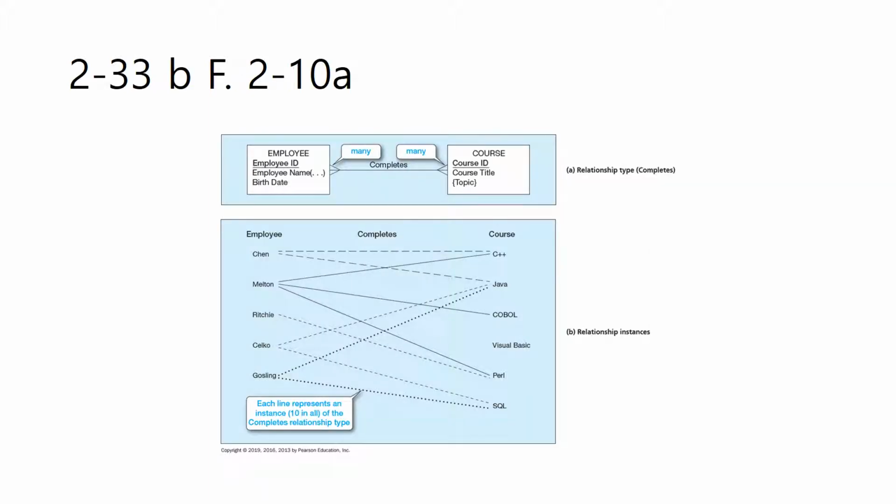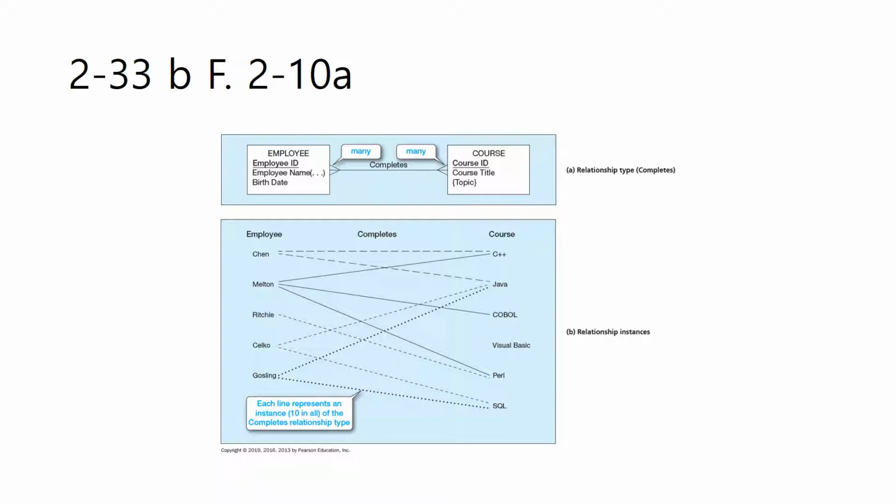And then figure 2-10 A. You can see employee ID, name and birth date, and course ID, course title, and multivalued attribute topic. So employee completes course. The employee completes many courses, also in course there are many employees. But you can see Chan completes C++ and Java.